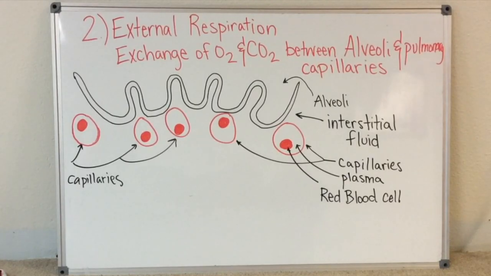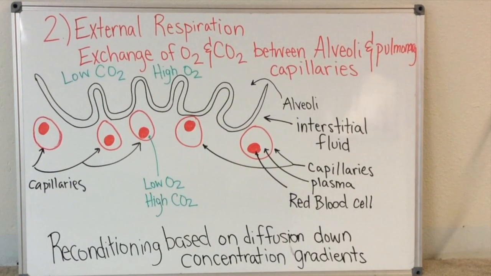Gas exchange at the alveoli is ideal. The alveoli cells are incredibly thin and very closely arranged in relation to pulmonary capillaries. Reconditioning of blood is based on diffusion down its concentration gradients. Since this is diffusion, it is a non-energy consuming movement of oxygen and carbon dioxide.